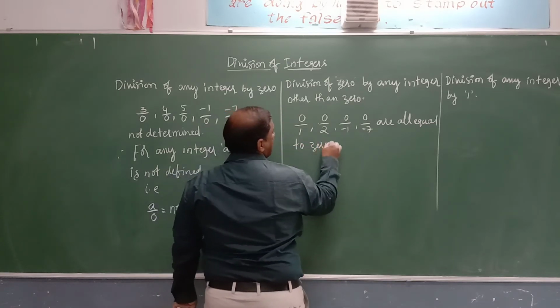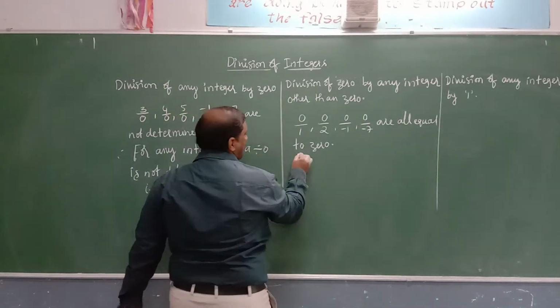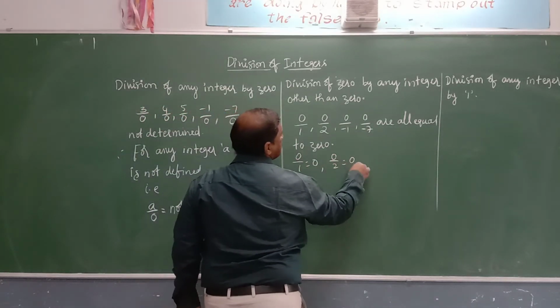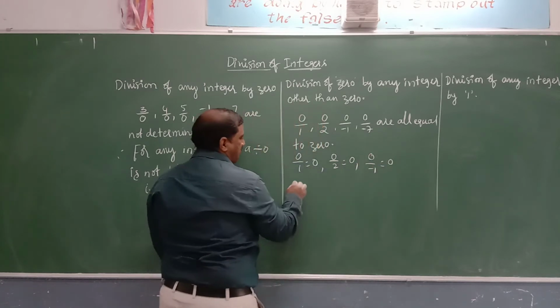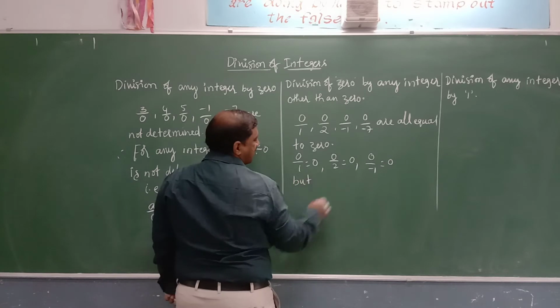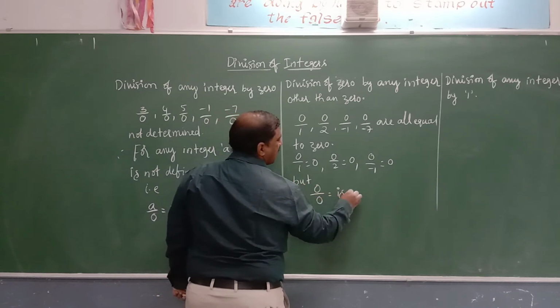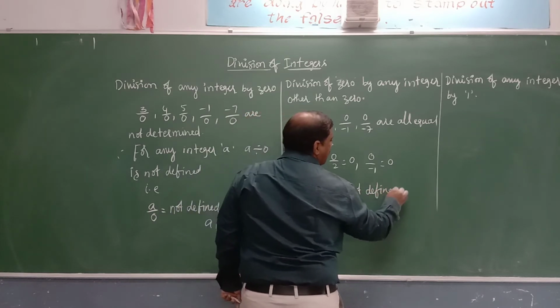We studied 0 by anything is 0 other than 0. That is 0 by 1 is equal to 0, 0 by 2 is equal to 0, 0 by minus 1 is also equal to 0. But 0 by 0 again is not defined.